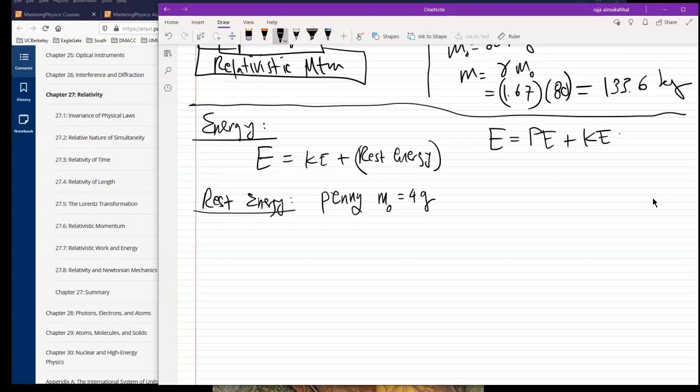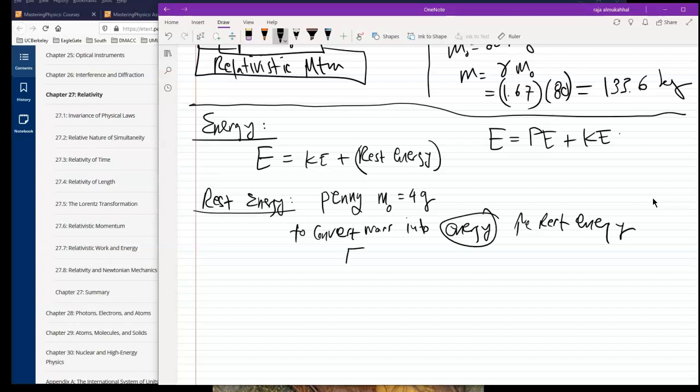According to relativity, it is possible to take this mass and convert it into energy. This conversion of mass into energy is called the rest energy.